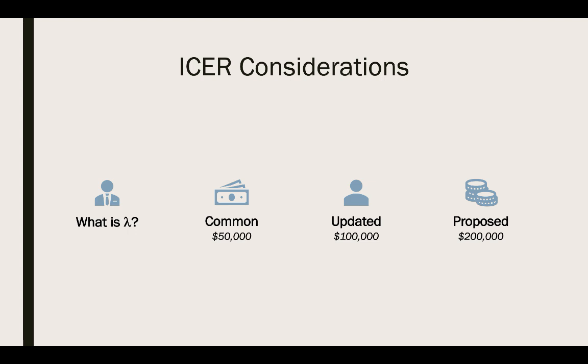So, when you really get into incremental cost effectiveness ratios, where is our lambda, where is our threshold? That's up to you, and that's up to economic theory, and for you to argue and defend for yourself.